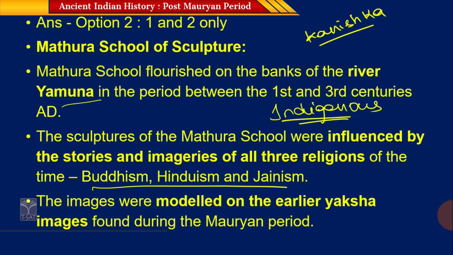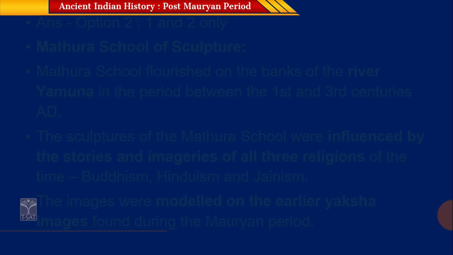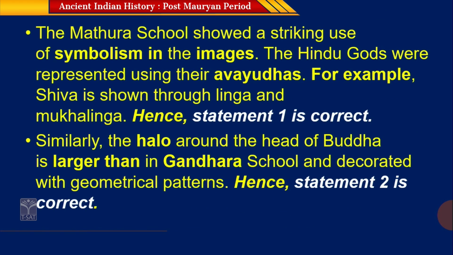All the three, Buddhism, Hinduism and Jainism will be observed, unlike Gandhara, where we only see Buddhist. Gandhara, only Buddhist. Mathura, all the three. Images were modeled on the earlier Yaksha, Yakshini images, which were popular in sculptural schools of that period.